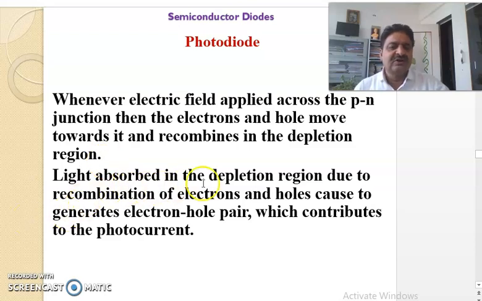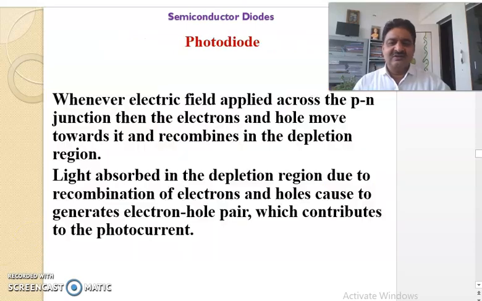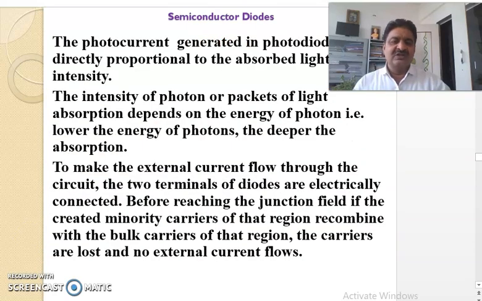Light absorbed in the depletion region, due to recombination of electrons and holes, causes generation of electron-hole pairs, which contribute to the photocurrent. Here it is also shown in the figure. They combine with each other and electric current is formed. Photocurrent is obtained.